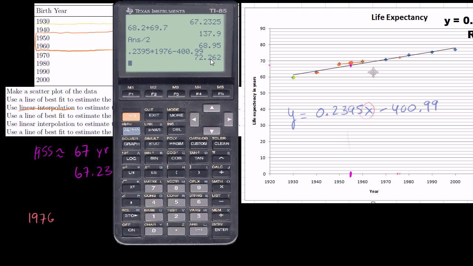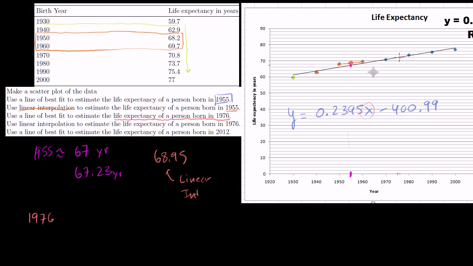So 72.26 years. So it gives us 72.26 years. Let me make this clear here. These columns, this one right here is line of best fit, and this right here is interpolation.